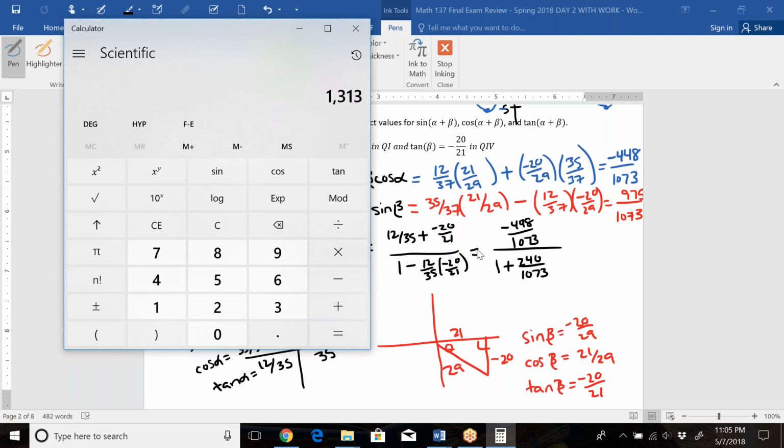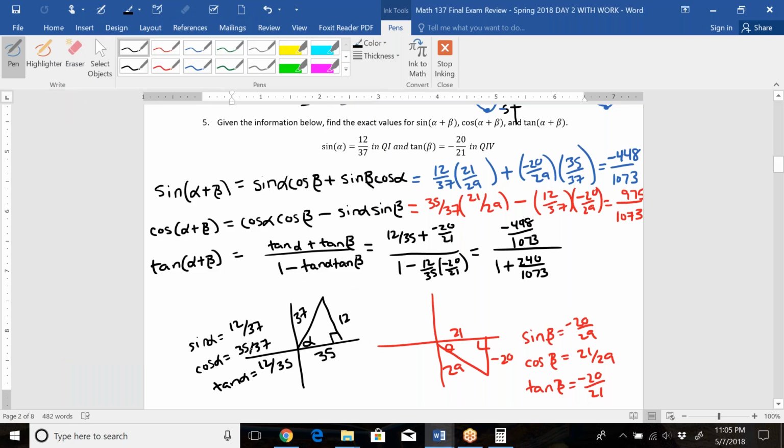which something doesn't look right there. Hang on just a second. Did we miss a sign? Oh, I know what I did.